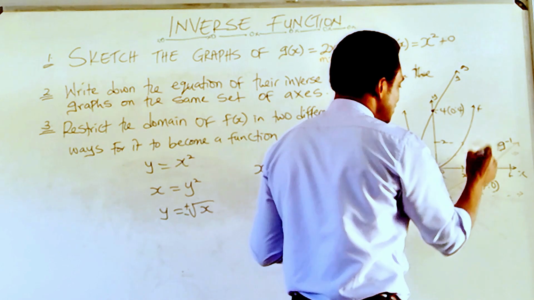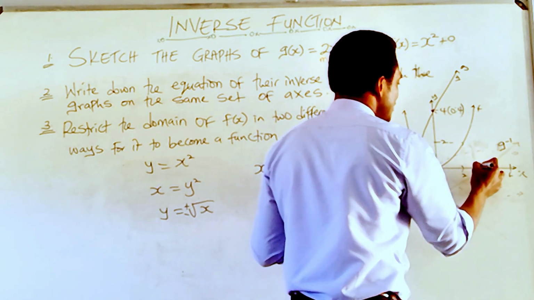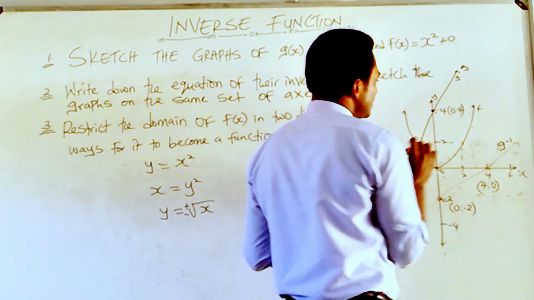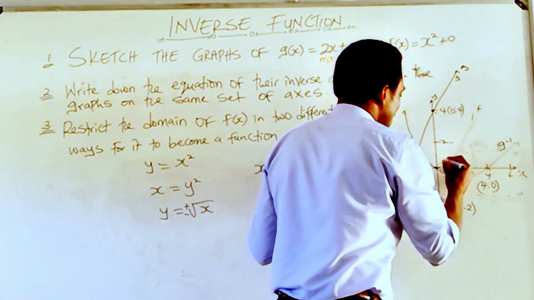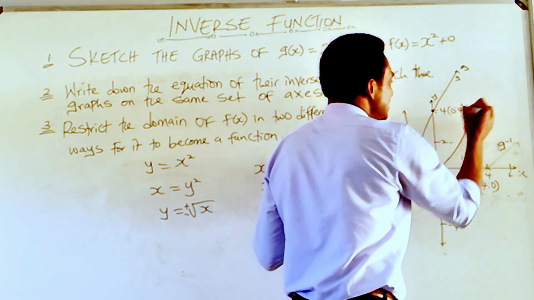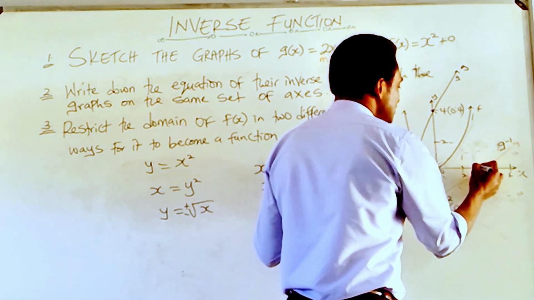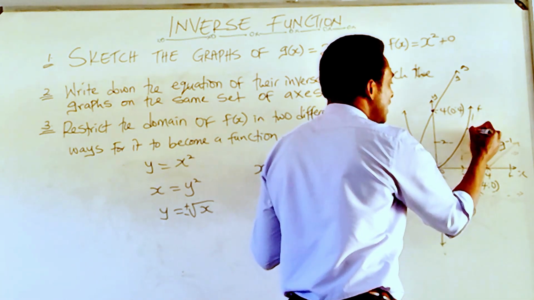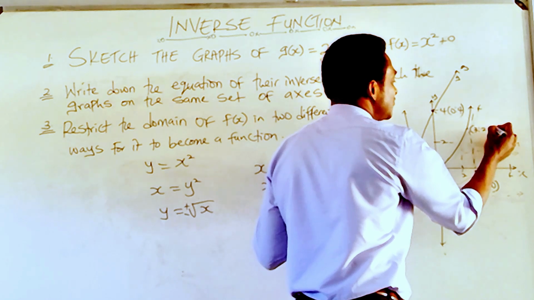Let's be more practical. Sorry, I want to adjust this because (2, 2) will not give me exactly what I want. Let's say I get 3 as a coordinate here, and I get something like 2.5 here.